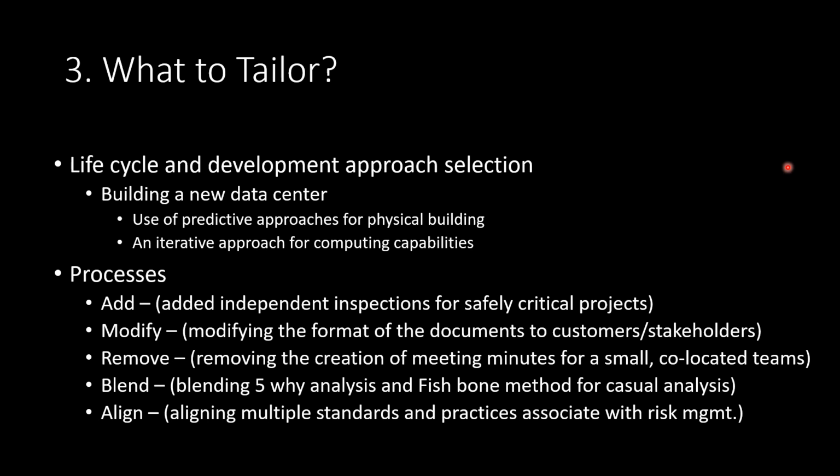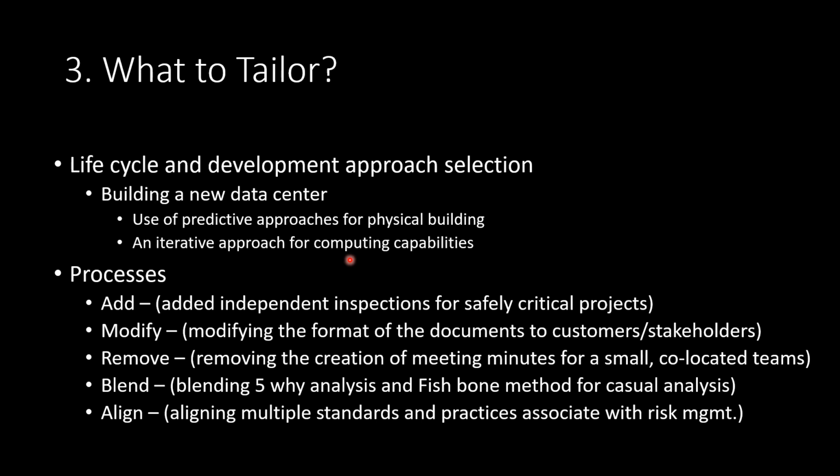Let's take an example: building a new data center. You can use a hybrid approach here. For building the physical building, you can use a predictive approach. For establishing computing capabilities, you can use an iterative approach. That's how we can tailor it. Each team may not follow the same approach; it's unique to them.